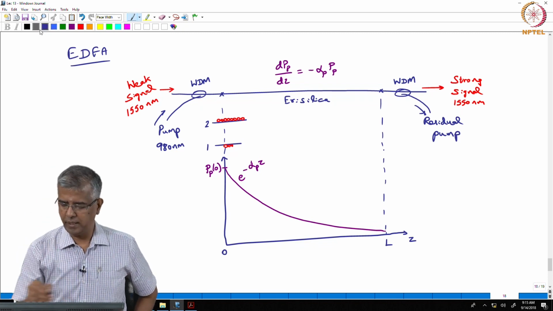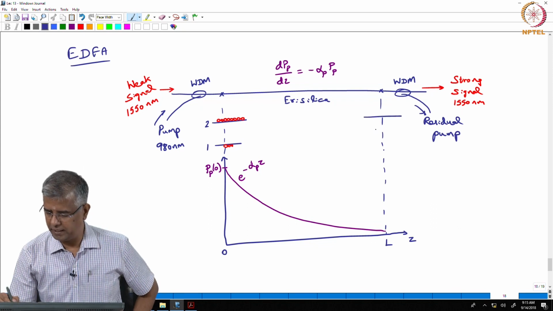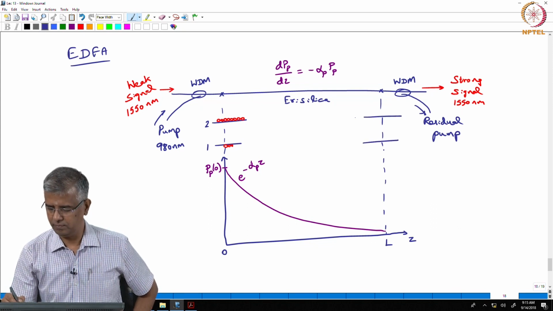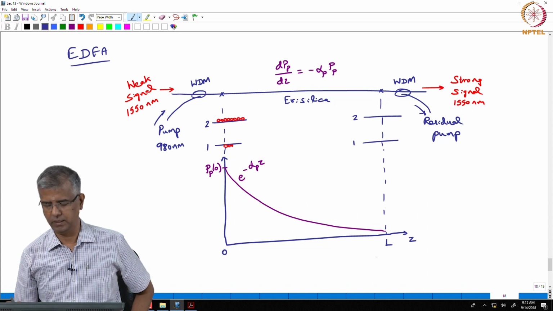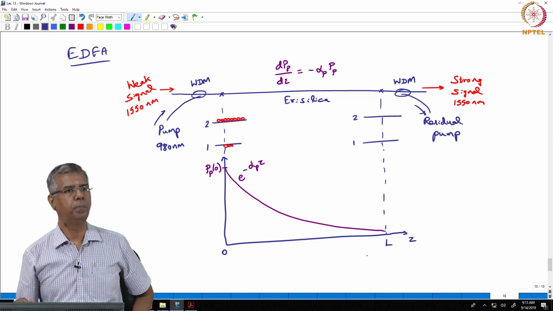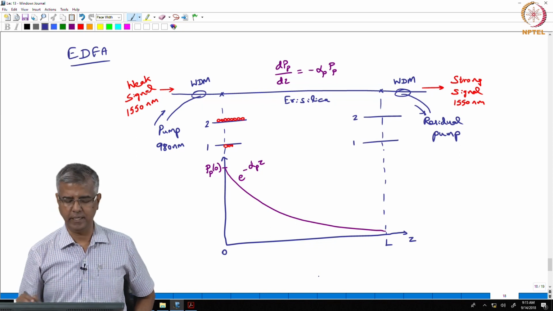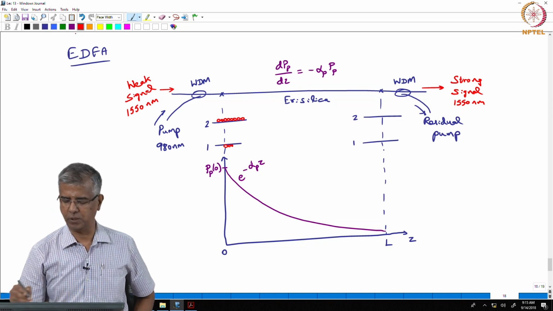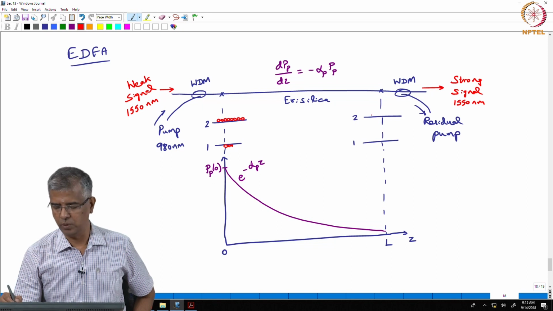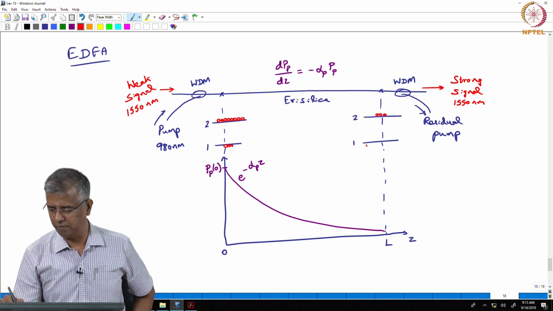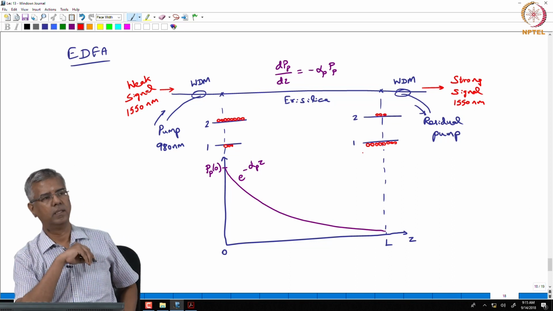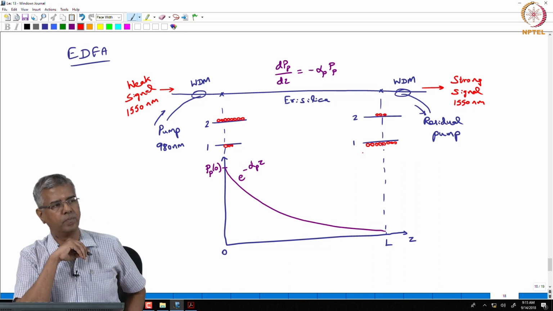Now, what can you say about what is happening over here? Here the pump is much lower, so correspondingly the inversion you expect is going to be much lower. Here you may have very few erbium atoms.